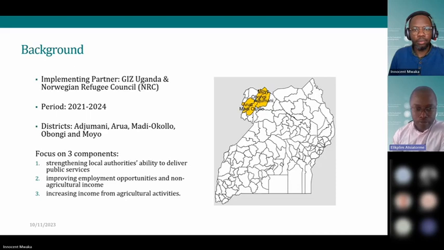And the RISE program in itself focuses on three main components, which is to strengthen local authorities' ability to deliver public services, and then also improving employment opportunities amongst young people, mainly non-agricultural income generating activities. And this is where most of the impact evaluation is actually focused.